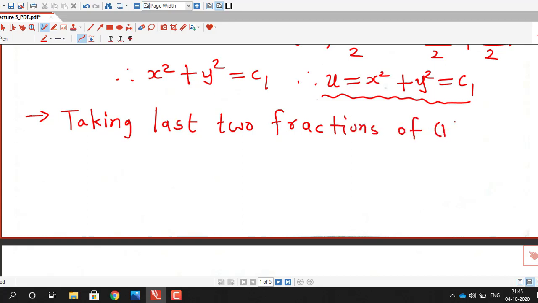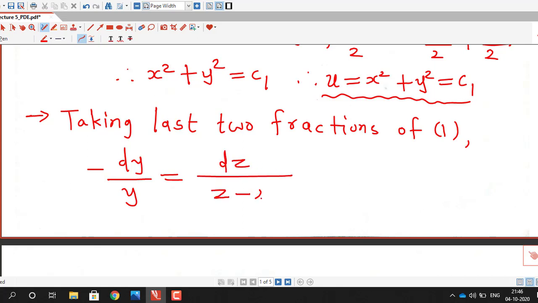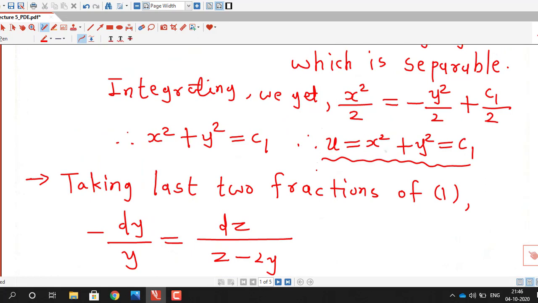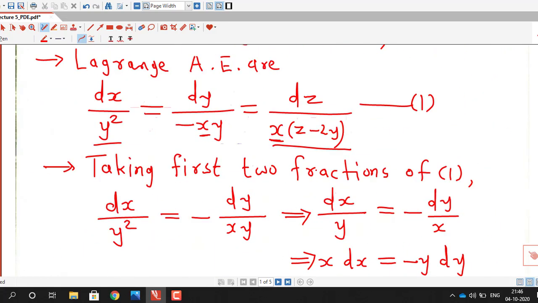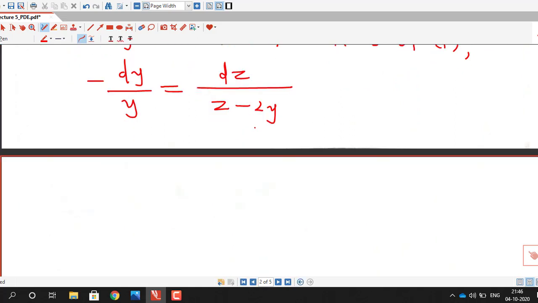As I said, it will be minus dy upon y equal to dz upon z minus 2y. So let me check it. Here x will cancel out if we take the last two fractions. Left hand side is minus dy upon y equal to dz upon z minus 2y. So everything is in terms of y and z.